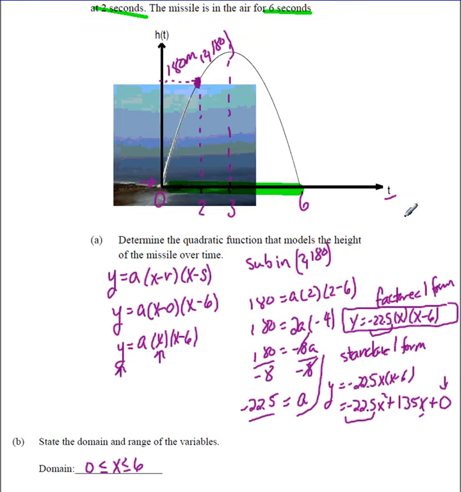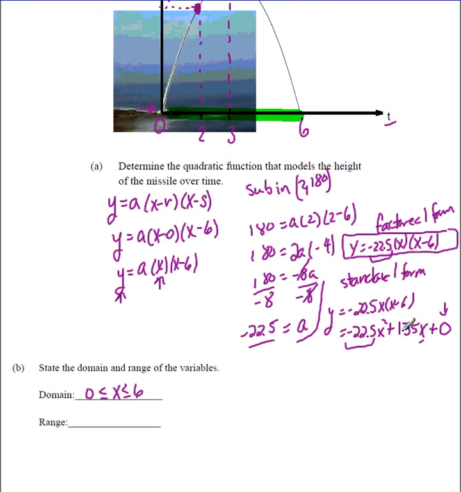Now we know when that should occur. It should occur at 3 seconds. So if we put 3 back into either this equation or that one, we would have it figured out. So when x equals 3, let's get our y value. Negative 22.5 times 3 squared plus 135 times 3.